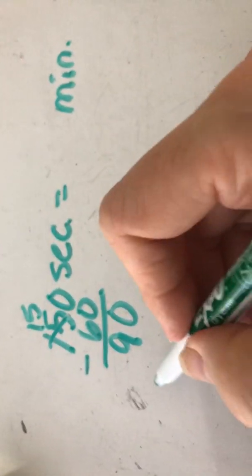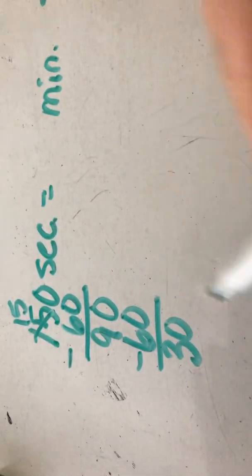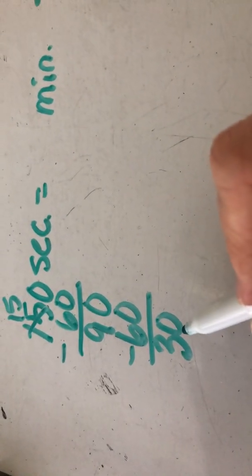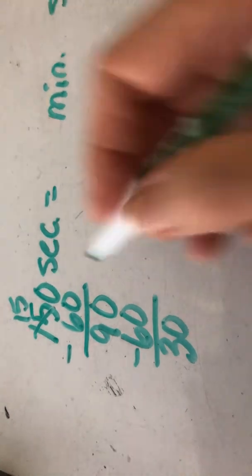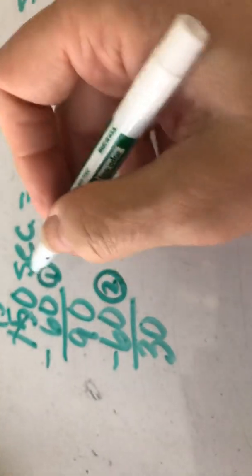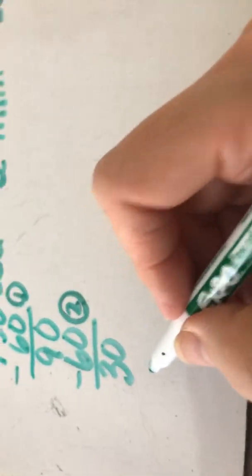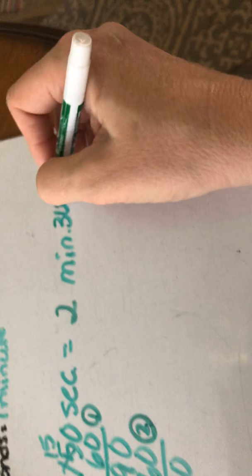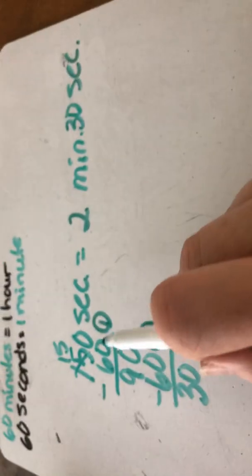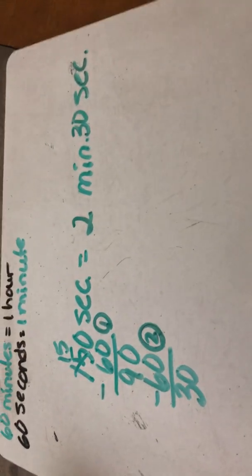That's still bigger than 60, so I can do it again. I can't do it again because 30 is less than 60. Count how many times I subtracted the 60. 1, 2. That's my total number of minutes. What's left over are my seconds. So 150 seconds equals 2 minutes and 30 seconds.